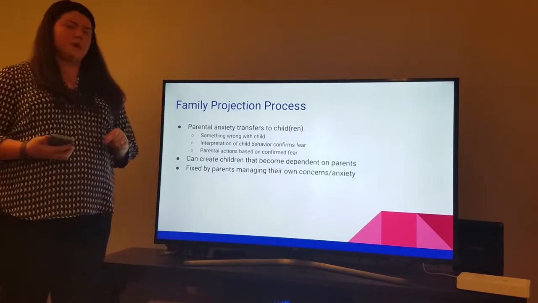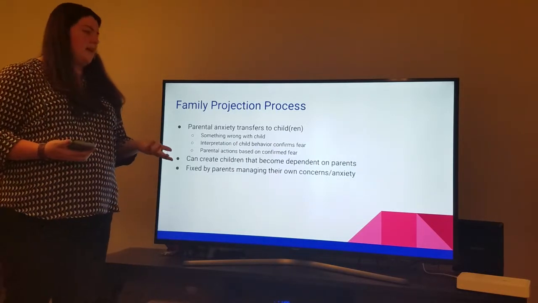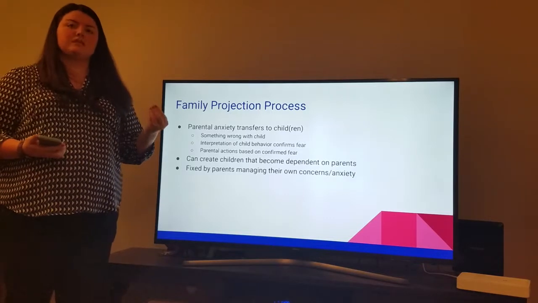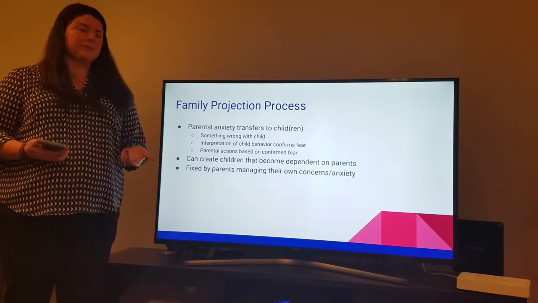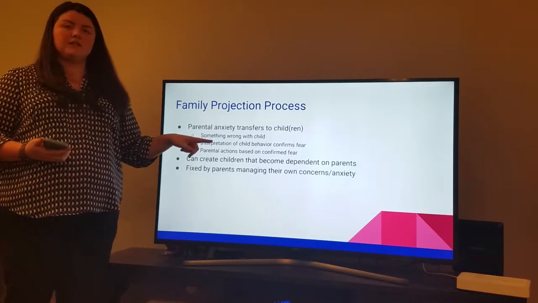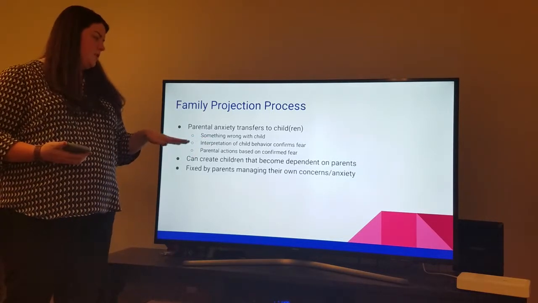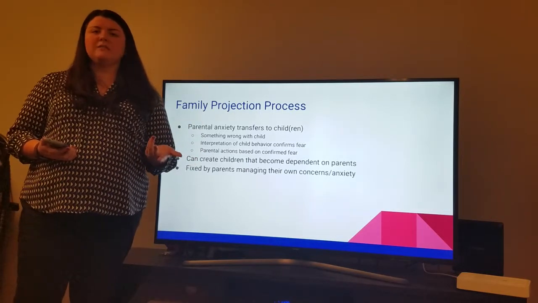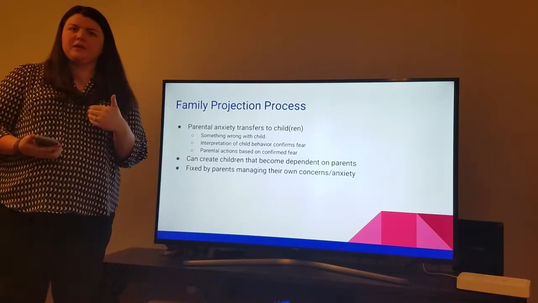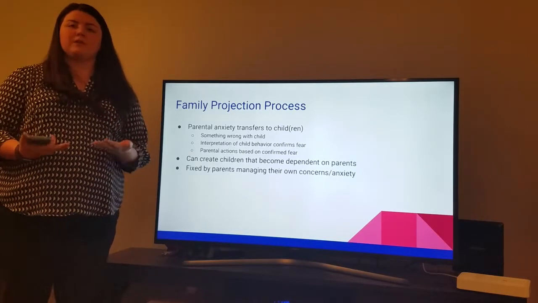The family projection process. Again, we're looking at the anxiety, the issues in the family system. So the parental anxiety actually transfers to the children. In this, the parents interpret the child's behavior as something being wrong with them, and it confirms the fear that there was something wrong with the child, even though there wasn't.